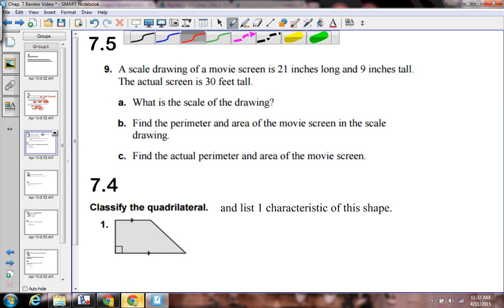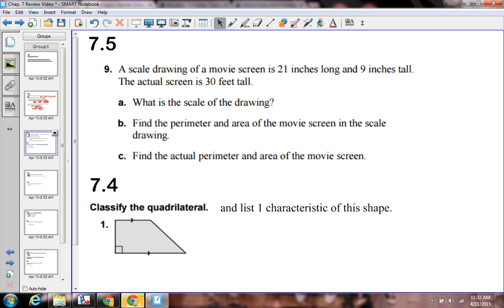Okay, I'm going to do a little bit more in 7.5. So let's practice comparing perimeters and areas also. So let's first find the scale. We're comparing the height. So they say it's 9 inches tall, but in actual life it's 30 feet tall.